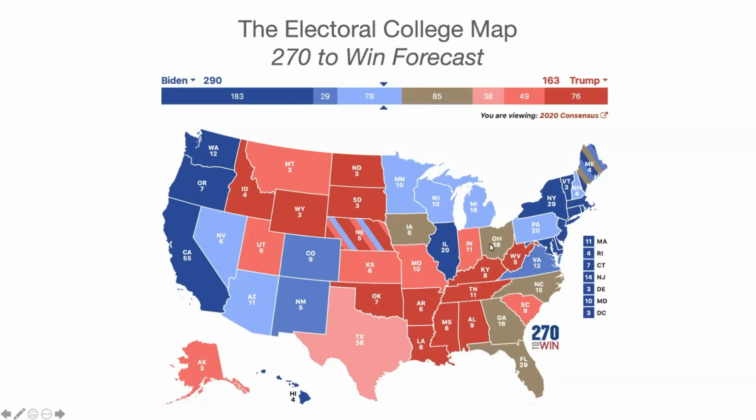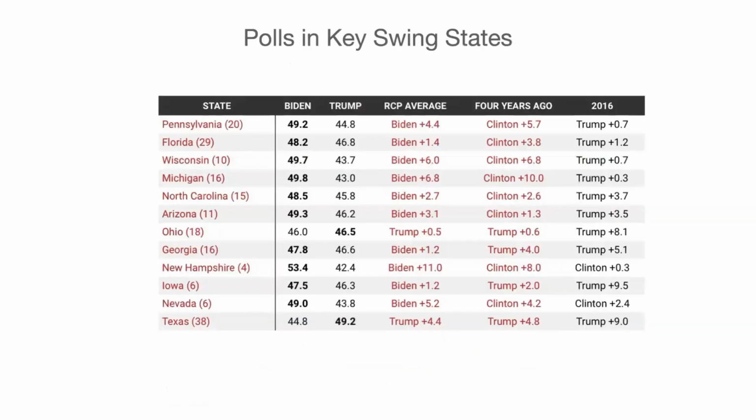And these brown states are so-called swing states that are very, very difficult to call, and currently most of the pollsters are not committed to announcing who wins these states. This map is actually 270 to win. It's an electoral polling website, and it's basically projecting a Biden win for now.